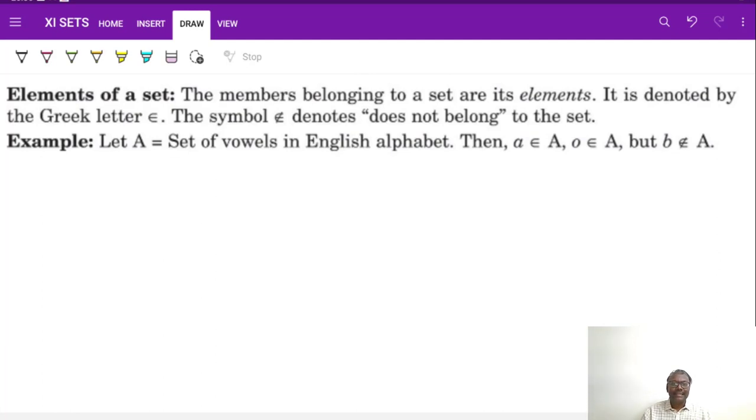Let us consider an example. A is a set of vowels in English alphabet. So we have A equals A, E, I, O, U. We could observe that this member A is an element which belongs to set A. Here A, E, I, O, U are belonging to the set, so they are called elements.